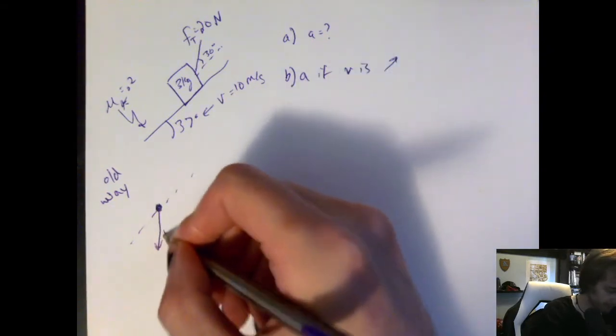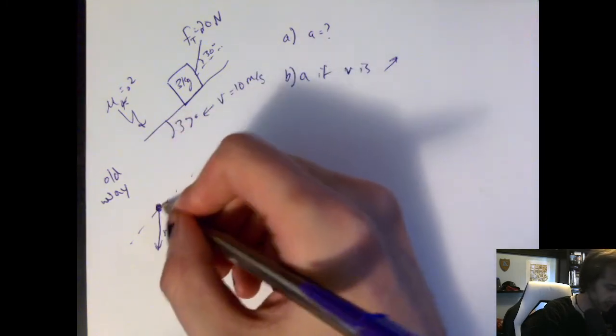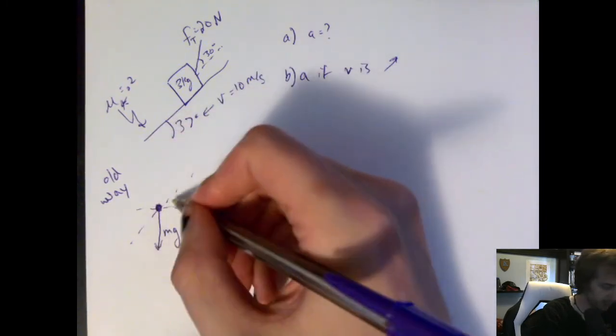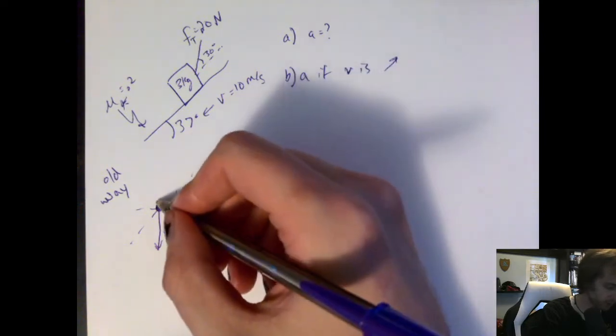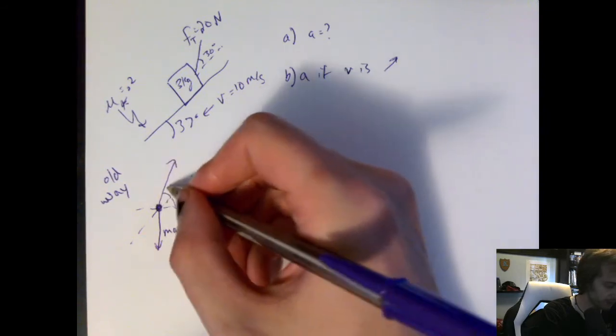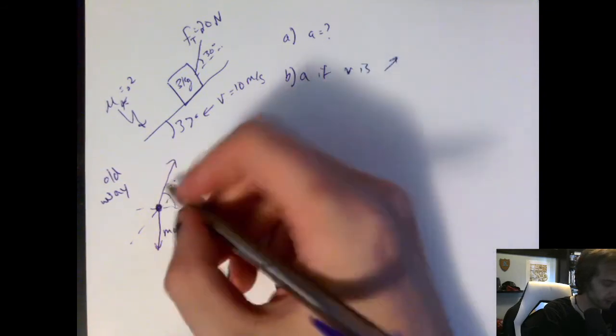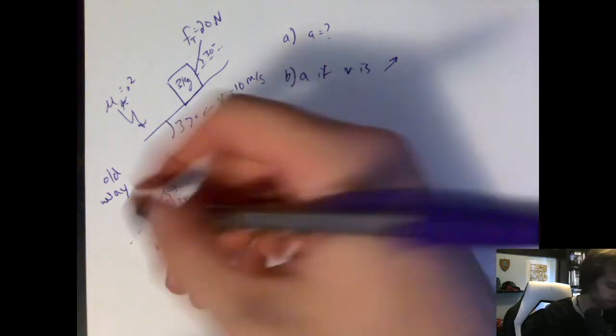We'll have gravity going down, so that part's nice and easy. We'll have this force of tension going at a 37-degree angle from the horizontal plus a 30-degree angle from that. So it's a total of a 67-degree angle from the horizontal.